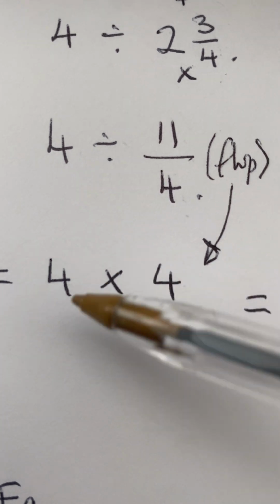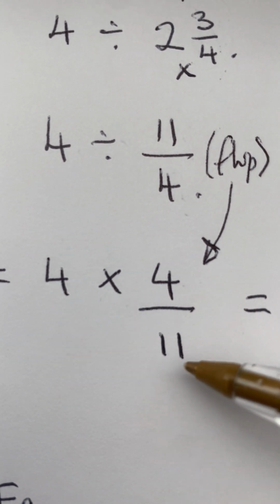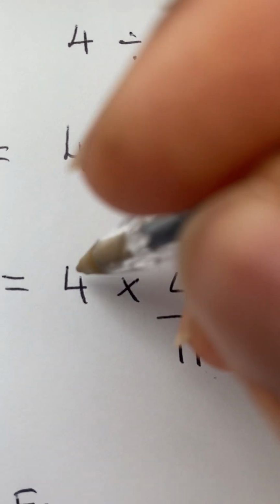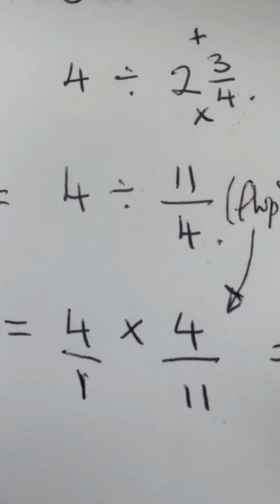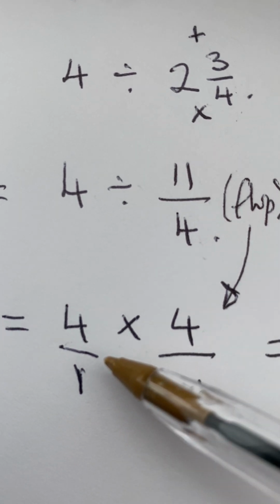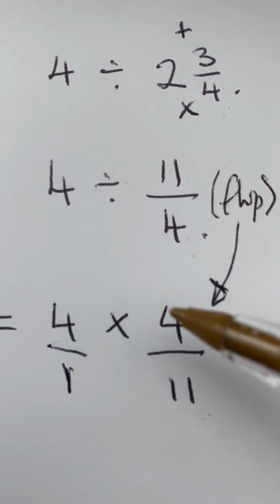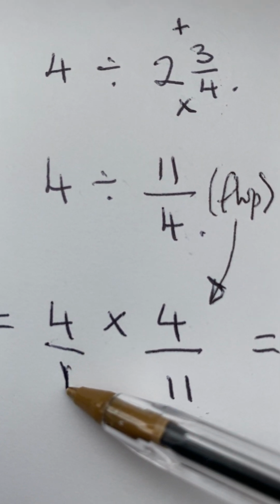Now we can multiply the numerators and multiply the denominators. 4 is the same as 4 over 1, because any number divided by 1 is the same number, just making it simpler so that it looks like a fraction.